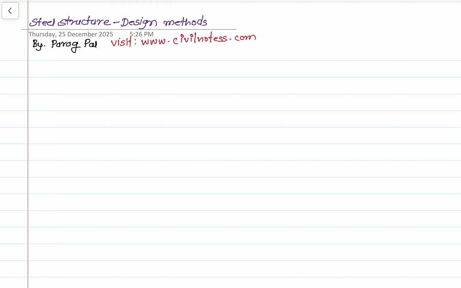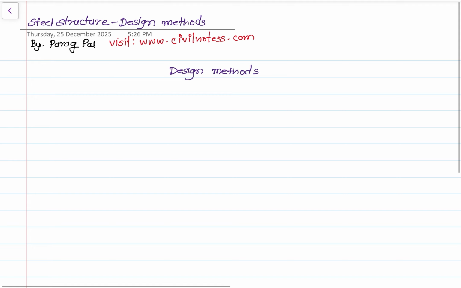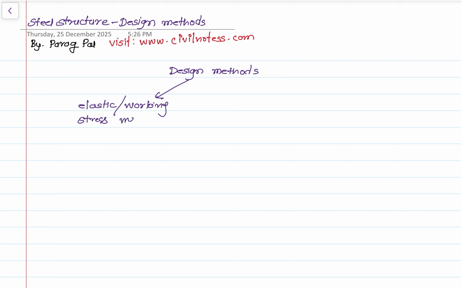Now, the design methods of the steel structure are categorized into three main points. The first is the elastic method, which we all know, also called the working stress method. The other one is the plastic method, also called the ultimate load method.